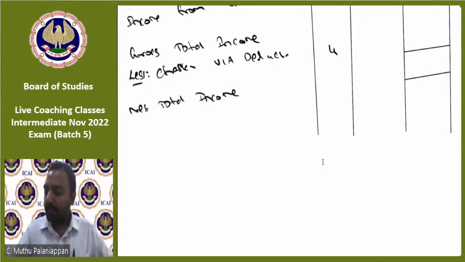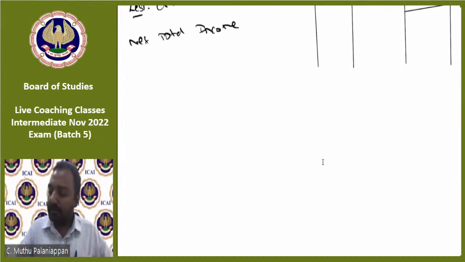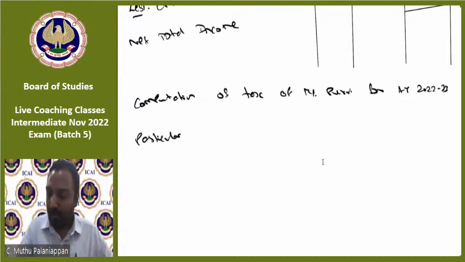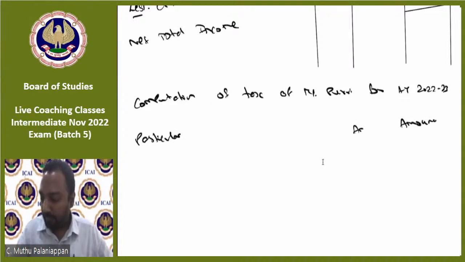Net total income. And here the next heading is computation of tax of Ms. Purvi for assessment year 2022-23. So again, I'll have a particulars column, an amount column, and a reference column.